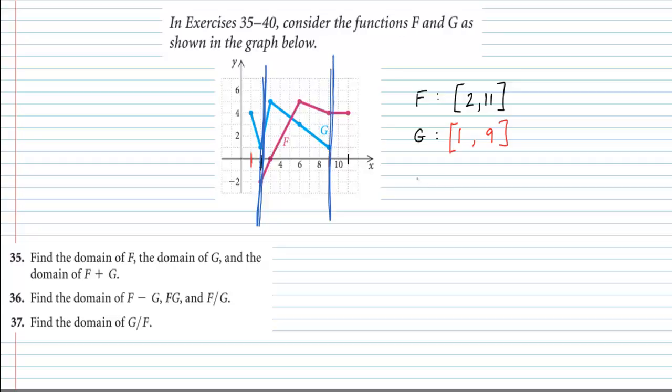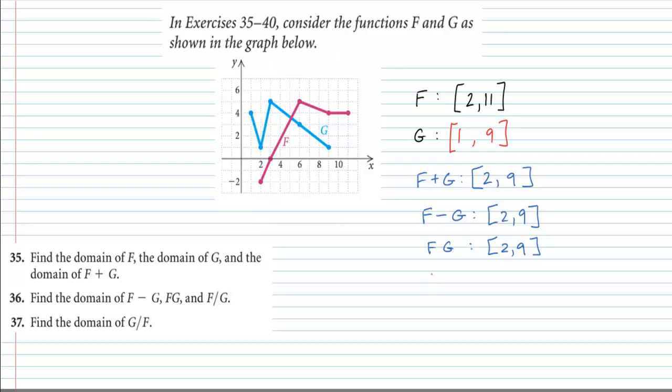You see it between 2 and 9. So f plus g, f minus g, and f times g should all have the domain of 2 to 9, including each number.